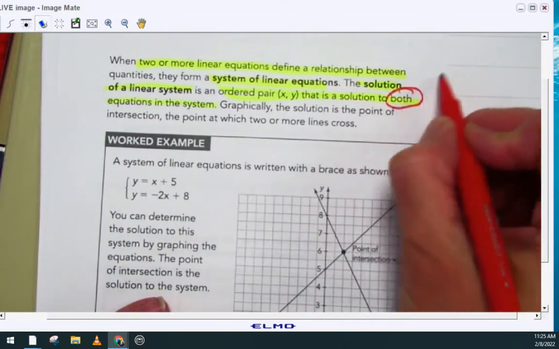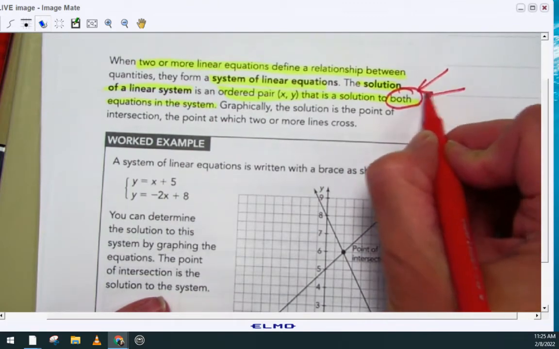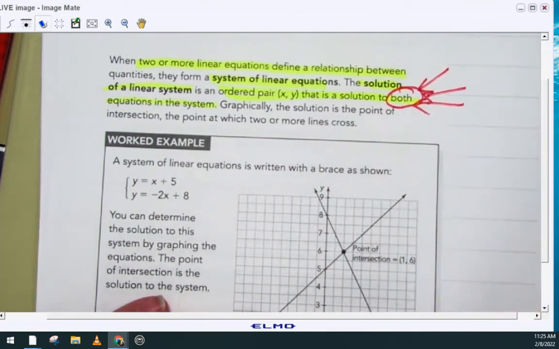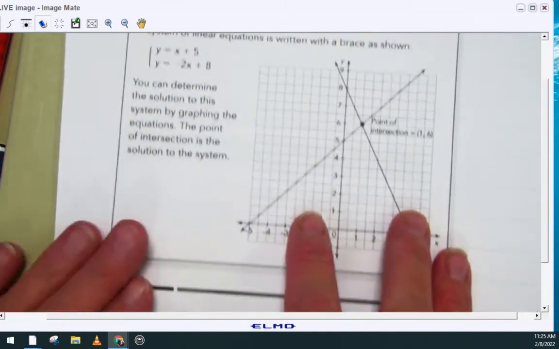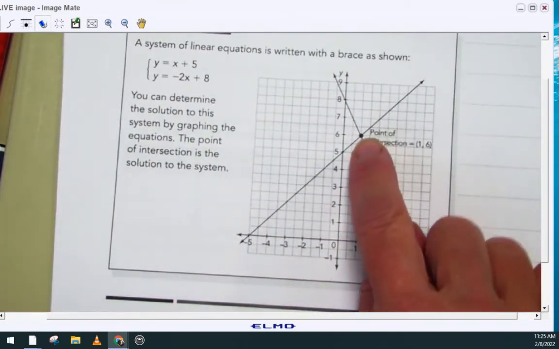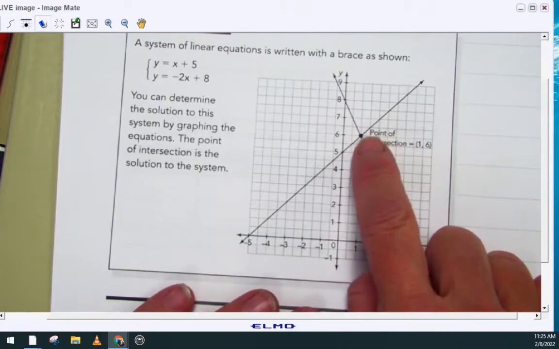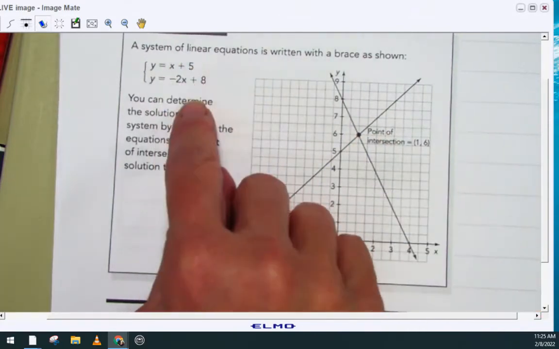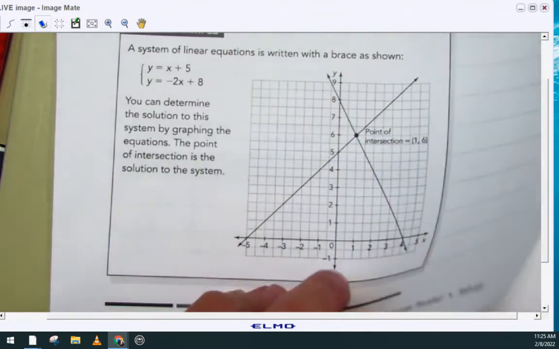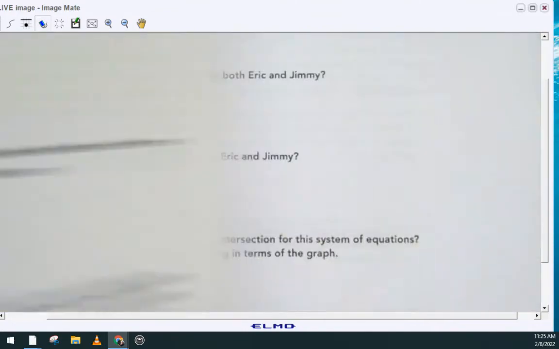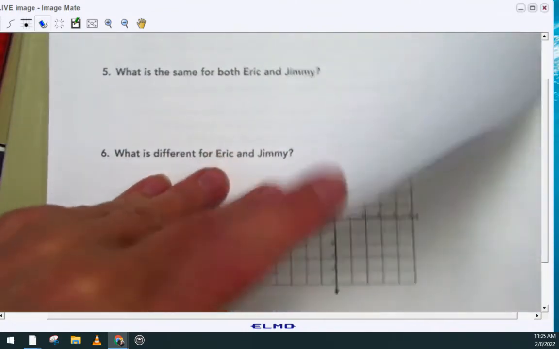It has to be a solution to both, not just one of them. So if I look at this point where they run into each other, that has to be a solution for both of these equations. It can't just be for one, it has to be for both. Okay, we are going to go over to our discovery real quick.